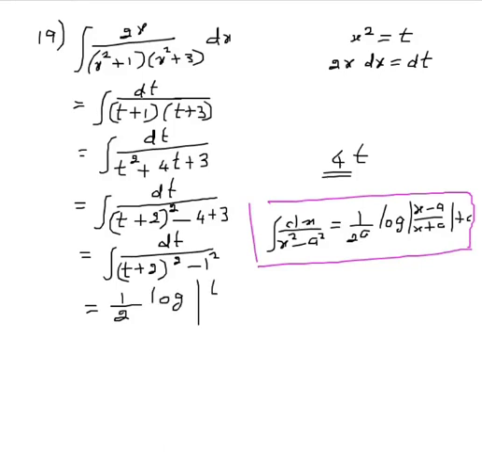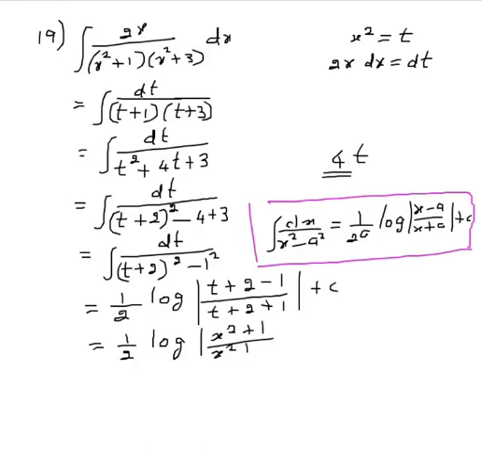Log of absolute value of t plus 2 minus 1, x is t plus 2, and t plus 2 plus 1. Substitute for t. Therefore, the answer is half into log of, t is x square, x square plus 1 divided by x square plus 3, and plus c. As x square plus 1 and x square plus 3 are positive, we need not write the absolute value sign.